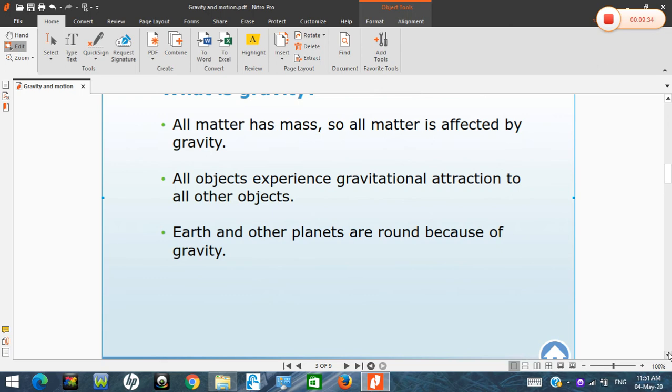Excellent, Sun. So, which one of them is affected by higher gravity? Excellent, Sun. So, when the mass of an object increases, the gravity force increases. Again, when the mass of an object increases, the gravity force increases.